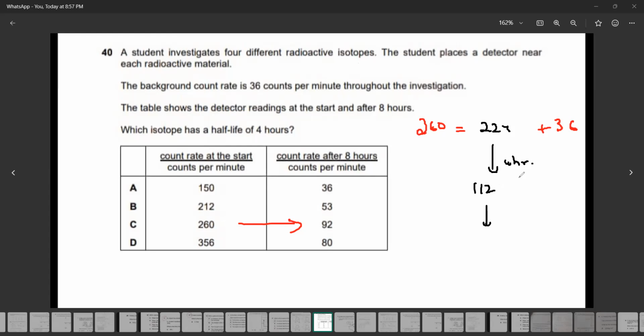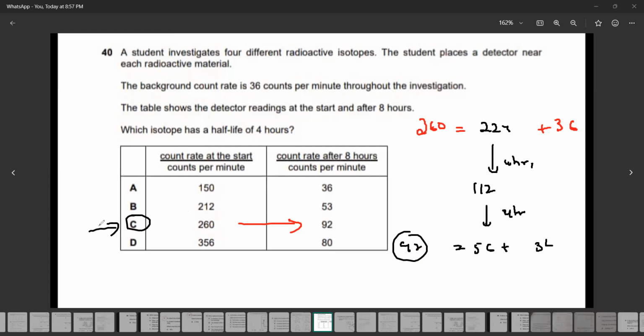Then after another 4 hours, it will be divided by 2 again, so 56. So 56 plus 36 makes 92. So C has a half-life of 4 hours, because after 8 hours it gives us a count of 92.